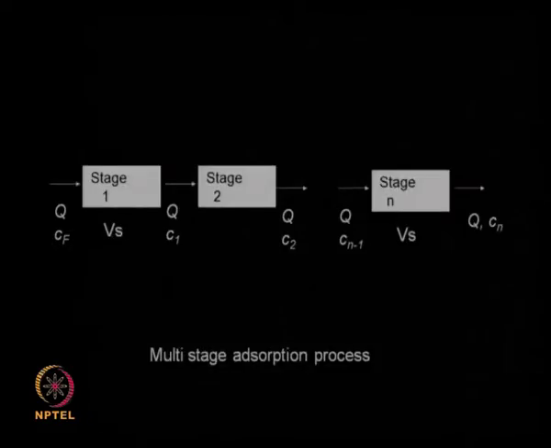Another approach, we can think of the whole column as multiple stages. So there could be n stages, each stage is of equal volume Vs, Vs, Vs. So if you add up all these, that could be the total volume of your packed bed. So what happens? Each stage is well mixed like a continuous stirred tank vessel.